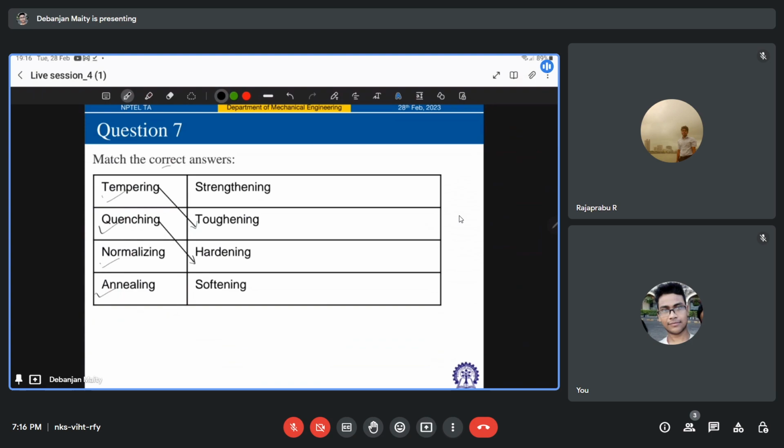Then normalizing is strengthening, of course, because of the faster cooling rate, and annealing is softening. Basically, softening and inducing some toughness are all together the same concept. Anyhow, this is for understanding purposes.